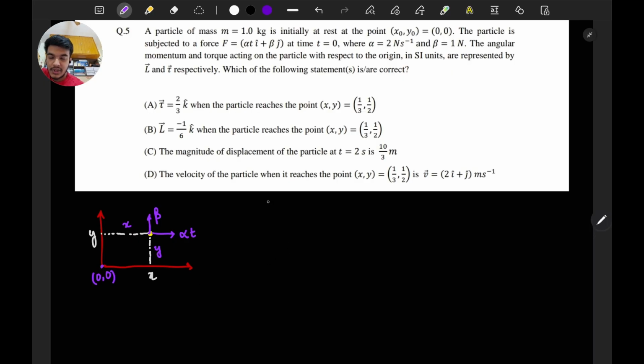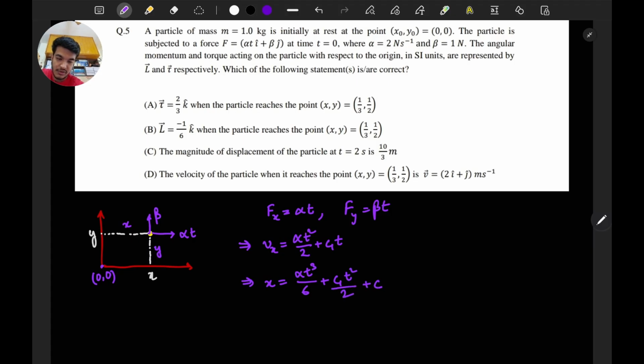Let us find out a few things. Fx equal to alpha t, Fy equal to beta. So from here we know that Vx would be alpha t square by 2 plus c1, and x would be alpha t cube by 6 plus c1 t plus c2.